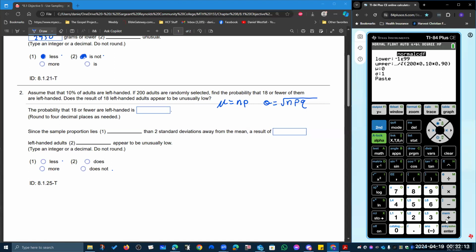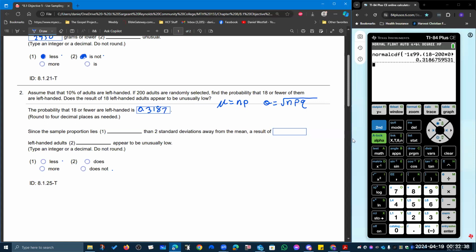Close that parenthesis. That square root is in the denominator. These are z values, so we'll leave that 0 and 1. We're going to get 0.3187.